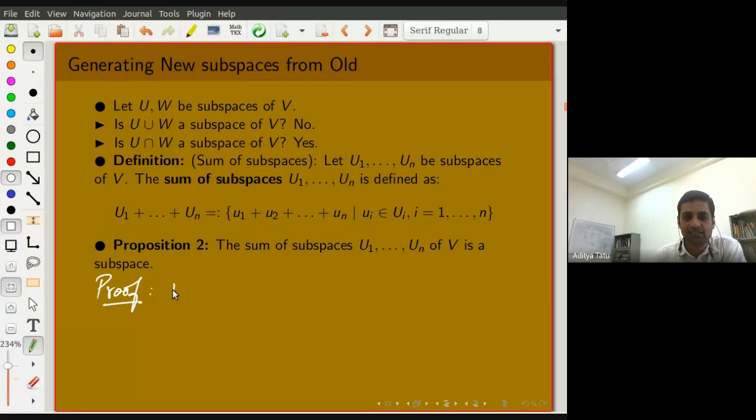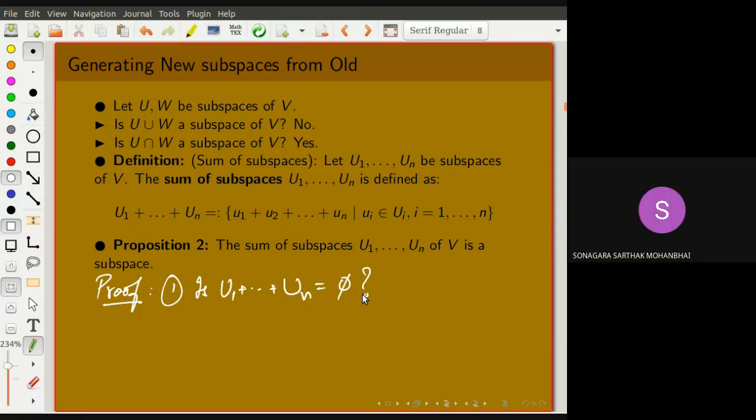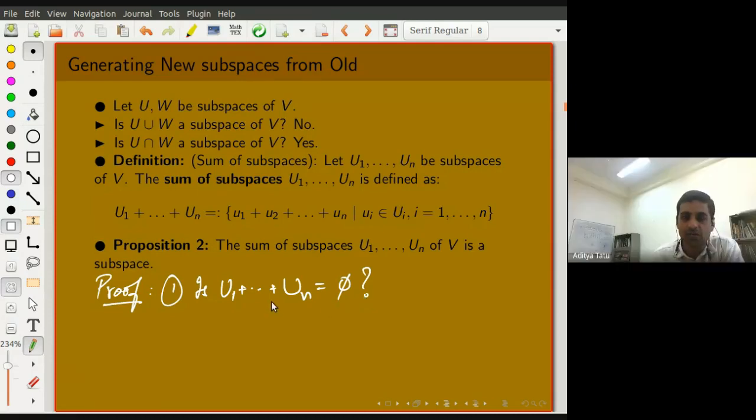So there are three things, right? One, is this set empty? No, because U1 is not empty. None of them are empty, U1 to UN. These are subspaces by definition. These are not empty, which means they will at least have the additive identity in them, in all n of them.